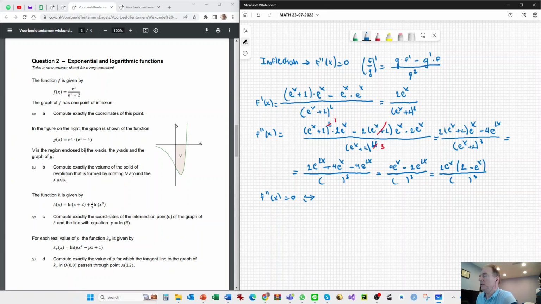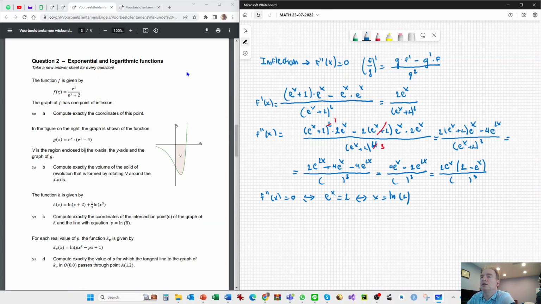And you can just say, because this is (e to the power x plus 2), which is always positive, this means that the numerator here has to be 0, and the e to the power x term here cannot be 0. So it just means that e to the power x has to be 2, which is equivalent to x being the logarithm of 2.